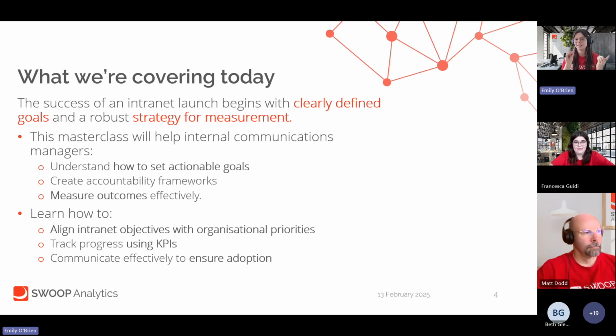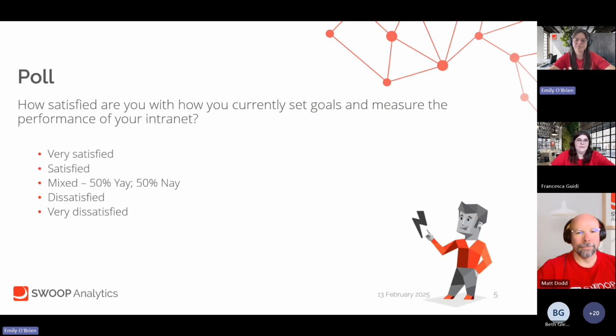So we're going to show you how to set actionable goals for your intranets, whatever different contexts and types of organizations you might be operating within. We'll also help you to measure those outcomes more effectively, how to align those objectives with your organizational priorities, look at KPIs, and make sure that you're communicating effectively to ensure adoption as well.